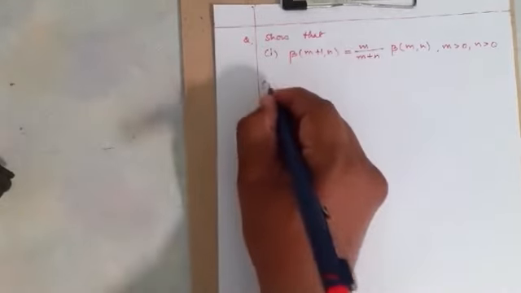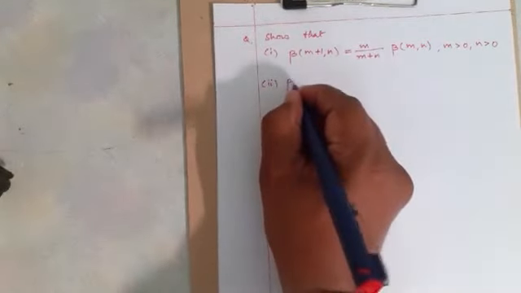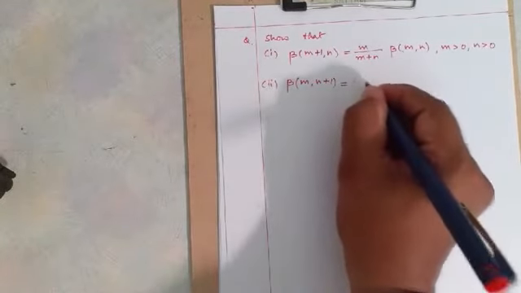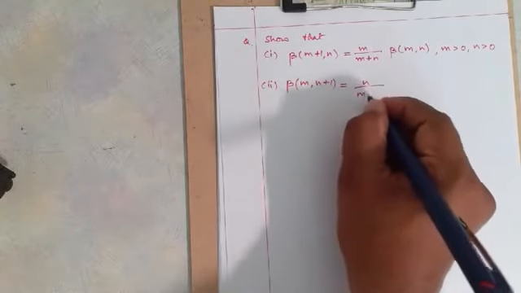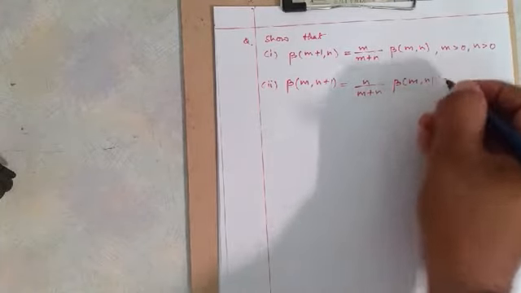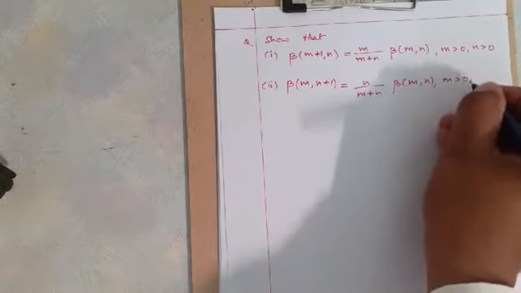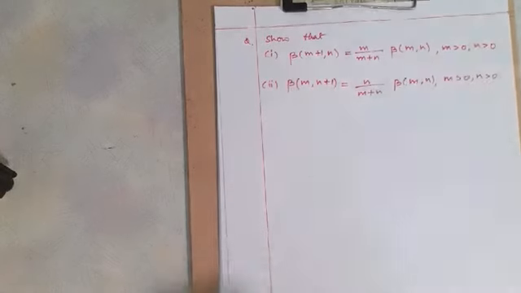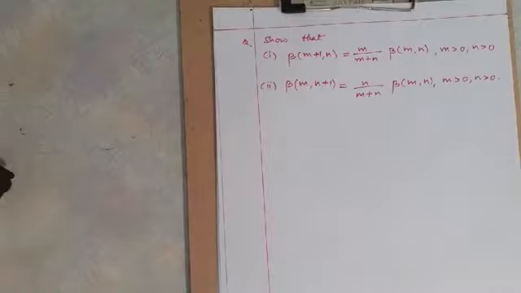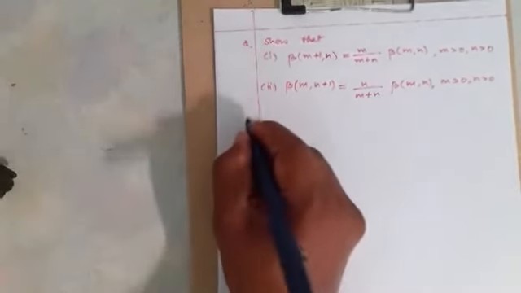Now second bit: beta m comma n plus 1 is equal to n upon m plus n beta m comma n, m greater than 0, n greater than 0. Now this is the next problem, the third problem. Now let us do this.